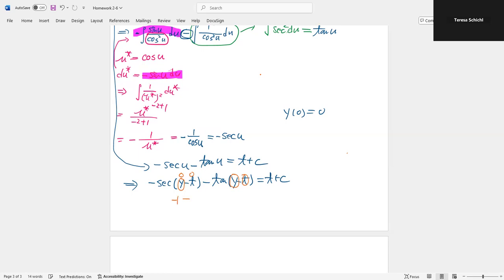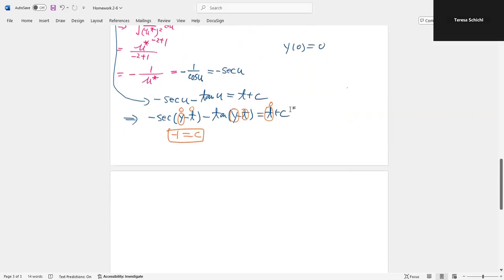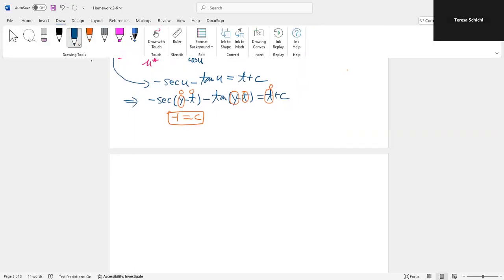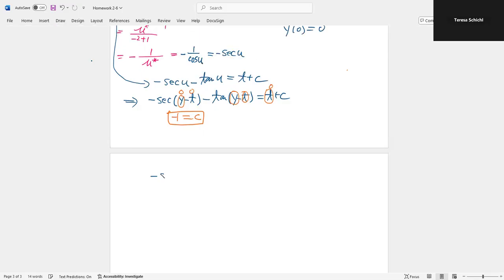So negative 1 is equal to 0 plus c, so c is equal to negative 1. So finally, I have our final answer. The final answer will be negative secant of y minus t, minus tangent of y minus t, equal to t minus 1. Okay, so this is the final answer.